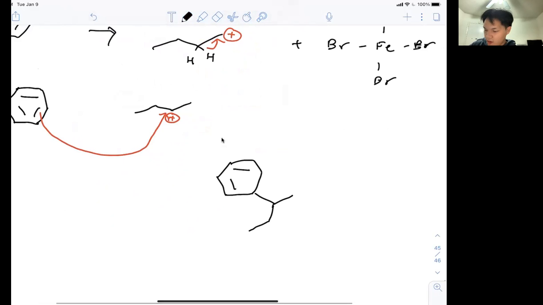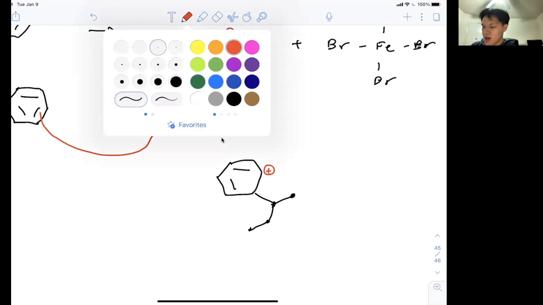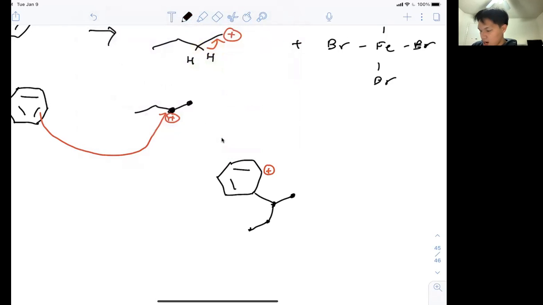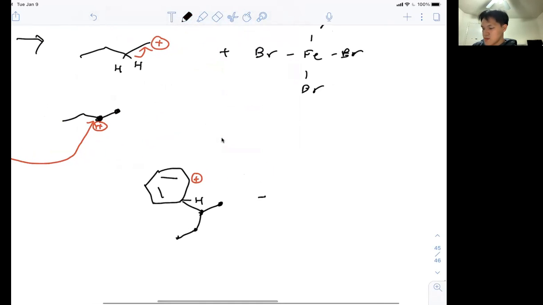So if we attack it here, we have 1 carbon going off the sides, which is true, and then 2 carbons off the other side. Yep, that's perfect. The carbocation is right there. And we also have a hydrogen here. Br, Fe, Br, Br, and then Br.